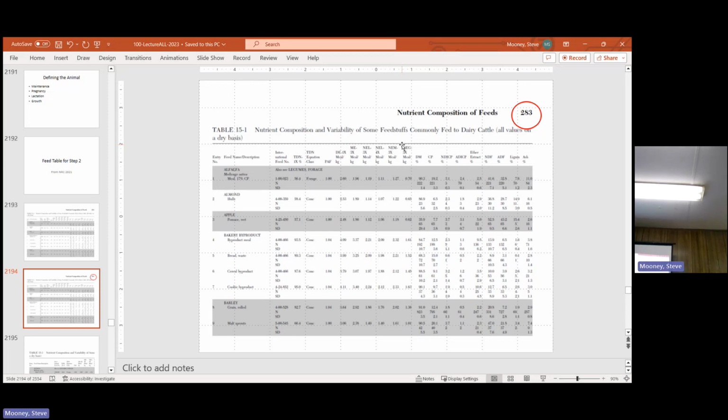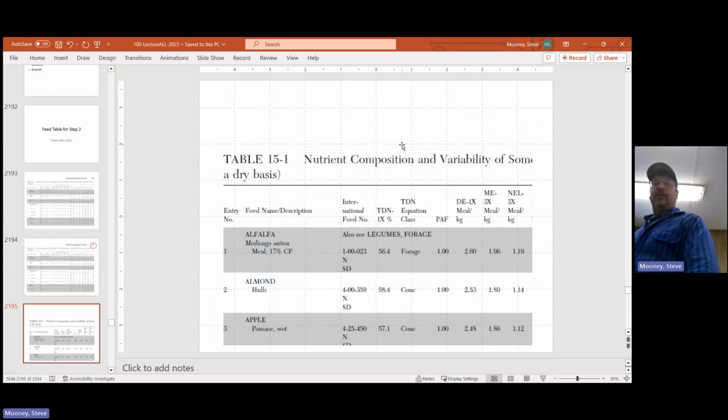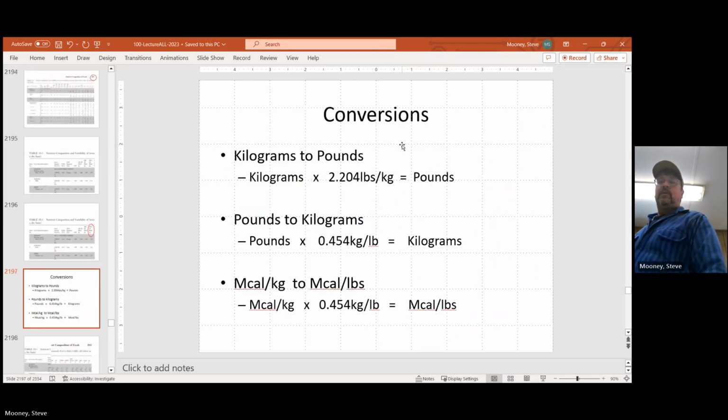So as we go back and forth with our numbers here, kilograms times 2.204 pounds per kilogram is going to get us pounds. So we cross-cancel kilograms, and we're left with pounds.